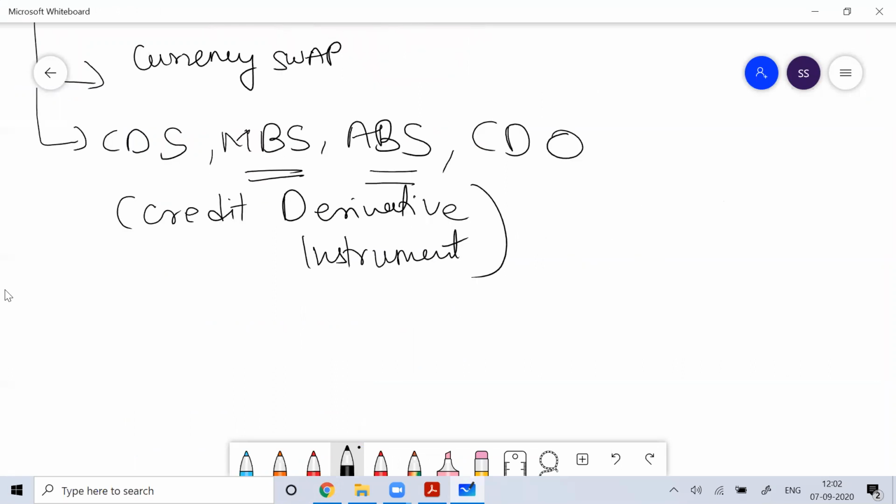Read about the Sarbanes-Oxley Act. What is the Sarbanes-Oxley Act and how did it contribute to the 2008 crisis? Read about that. Also the Gramm-Leach-Bliley Act. If you read more, you'll understand the 2008 crisis in a much better way.